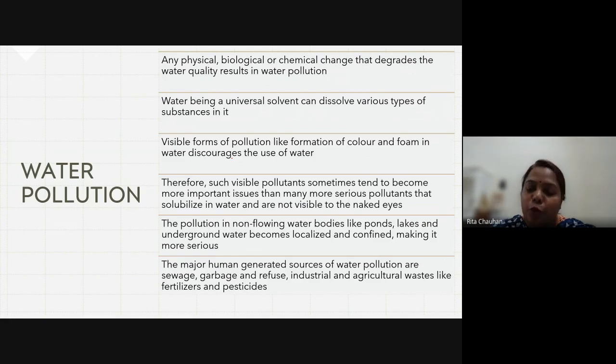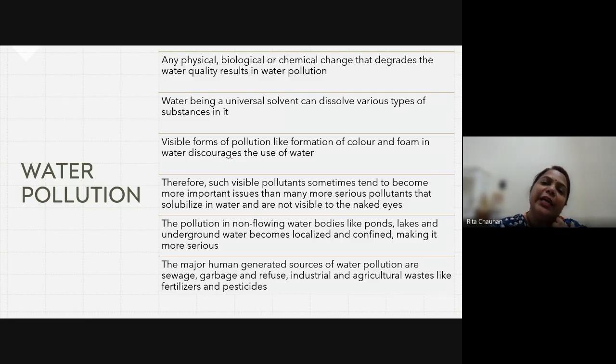Next one is water pollution. Water pollution is again any physical, chemical, and biological change in the quality of water. We have understood in the first or second lecture why water is important. Water is important because it is a universal solvent. It can absorb anything. It can dissolve anything.